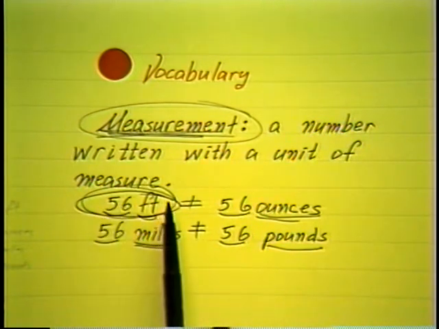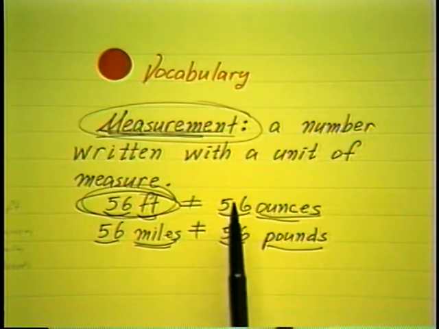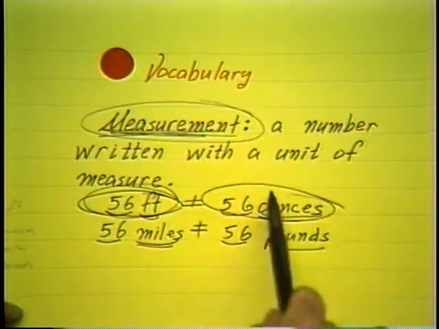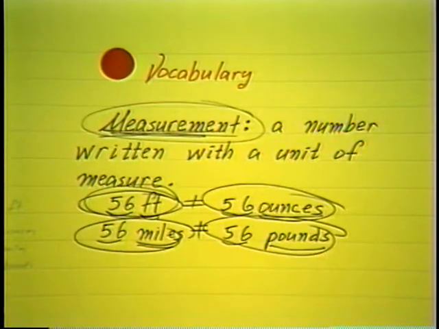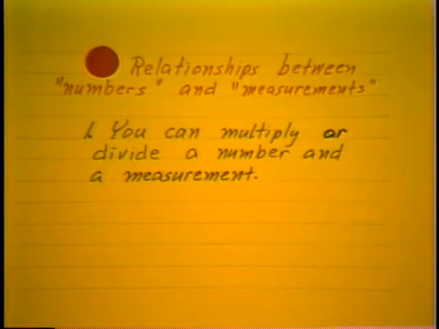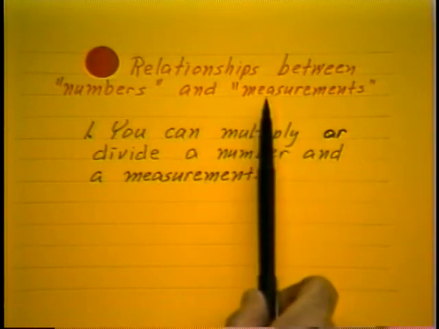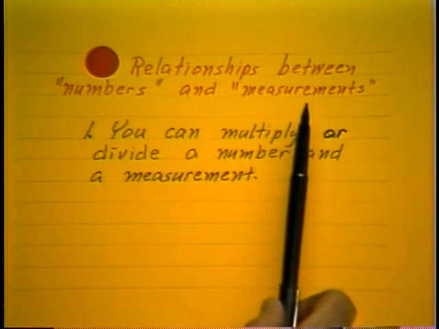It's 56 feet, which is a different number from 56 ounces, etc. And these kinds of numbers we will refer to as measurements. A much more formal definition than perhaps you're used to. Let's define some of the things you can do between numbers and measurements and measurements and measurements.